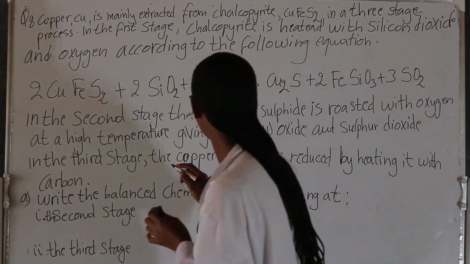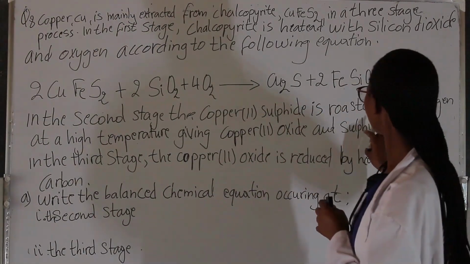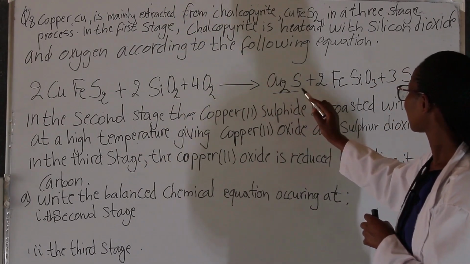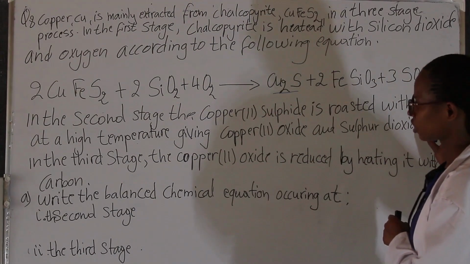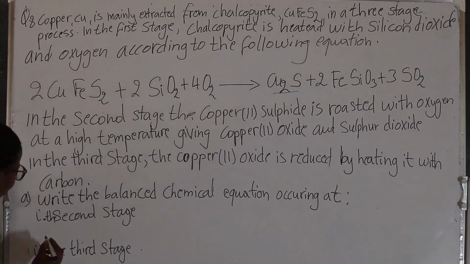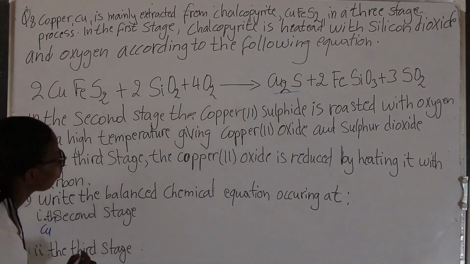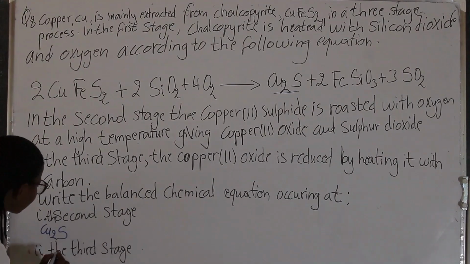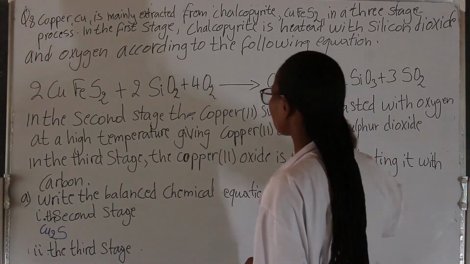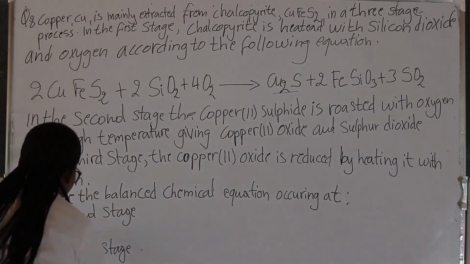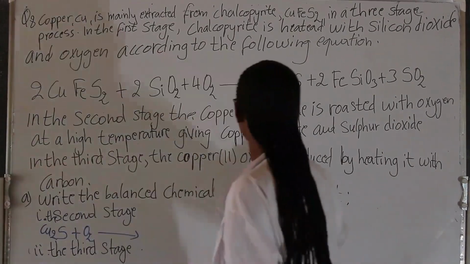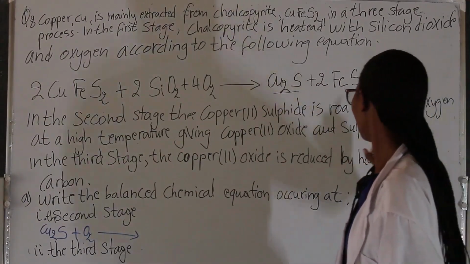For the second stage, they are telling us that this copper 2 sulfide is roasted with oxygen at high temperature to produce copper 2 oxide and sulfur dioxide.